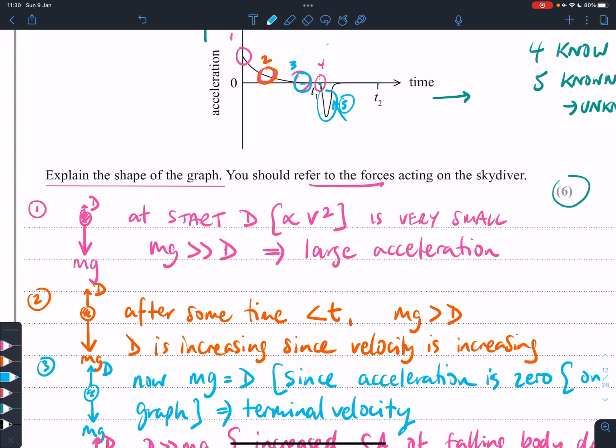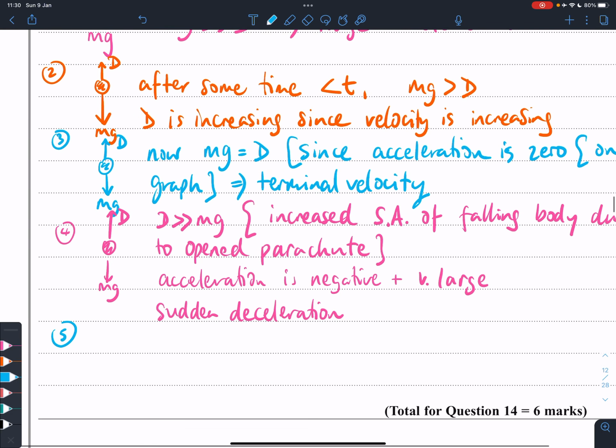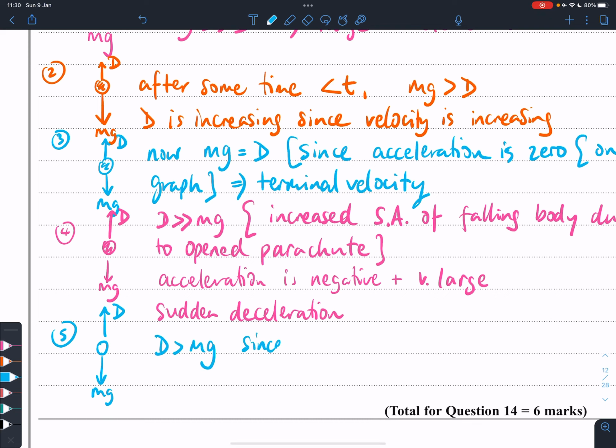And then what's happening now is that it's slowing down. So in terms of the forces, mg is always the same. Now drag is still bigger, but D is bigger than mg, but not very much bigger, since velocity has decreased.